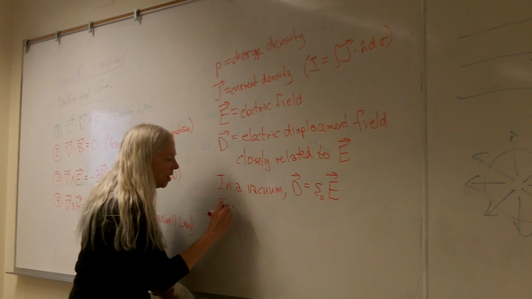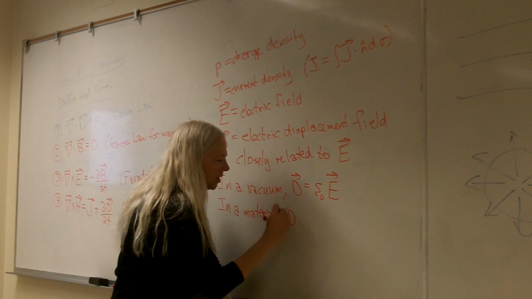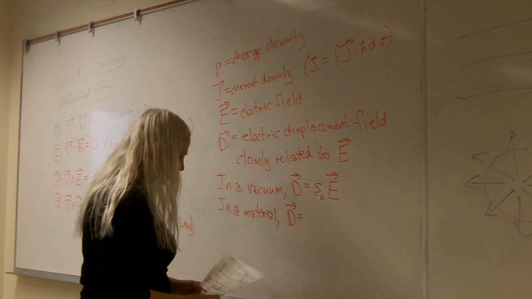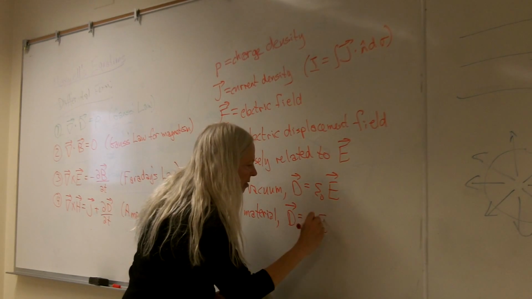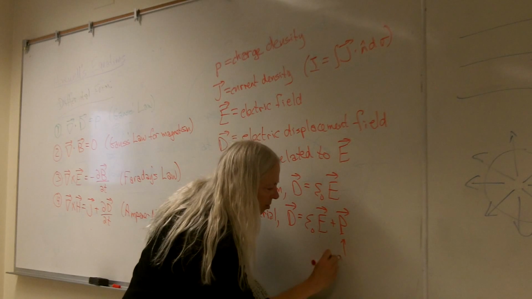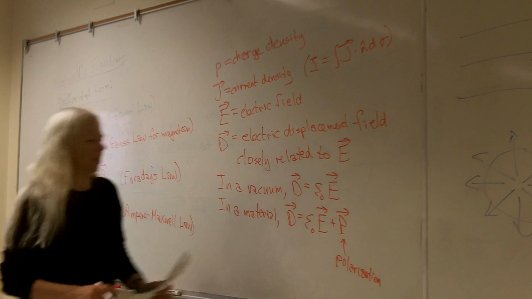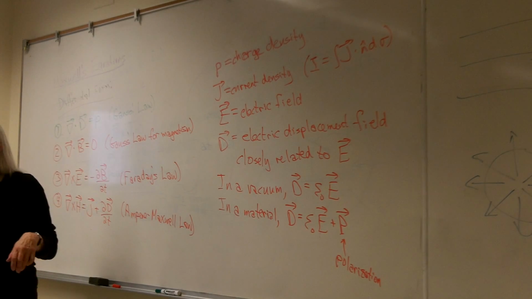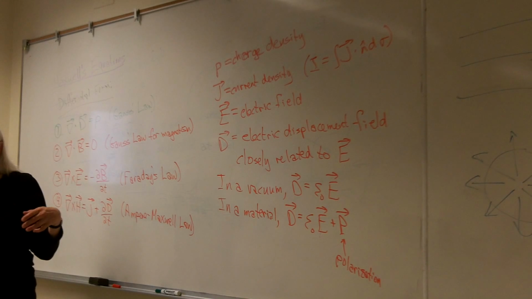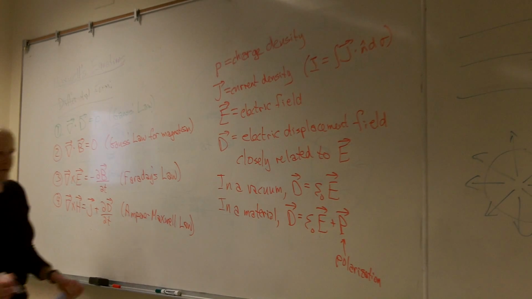In some other kind of material, other than a vacuum, the general expression for D is that it is equal to epsilon naught E plus another vector P, which is the polarization, which in a material describes things like the fact that molecules can have more positive charge on one end and more negative charge at the other end, and then those molecules can be lined up in certain ways, especially in the presence of an external electric field, to lead to a polarization, which is described by that vector.